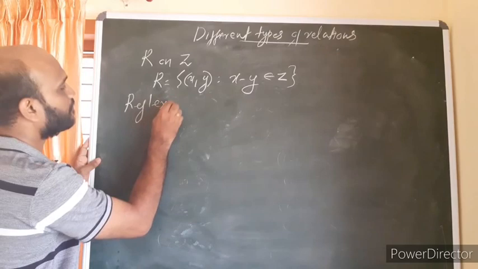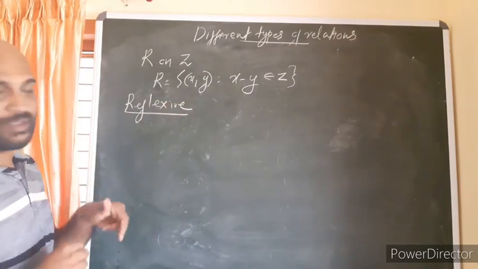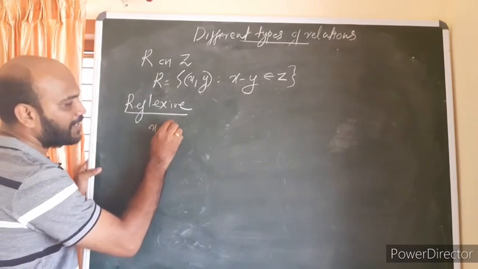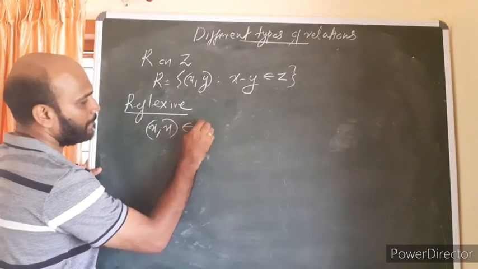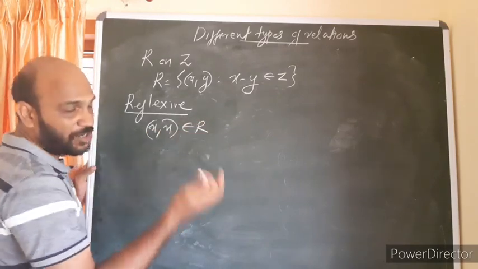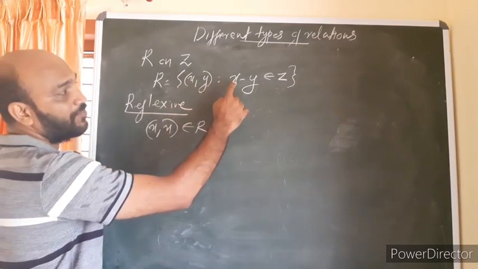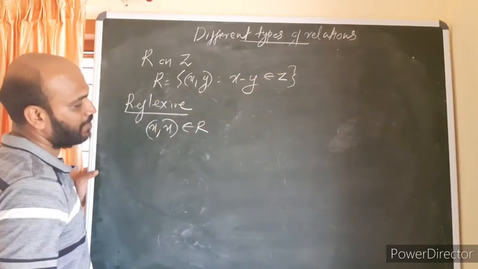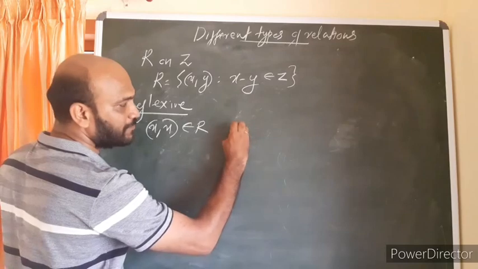Reflexive. Reflexive means A should be related to A. X is related to X. Reason you have to tell. X is related to Y if the difference between the two elements is an integer. (x,x) belongs to R because, what is the reason?